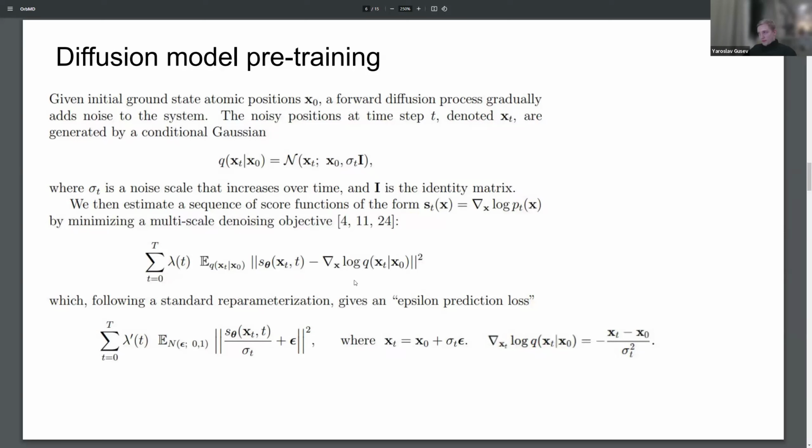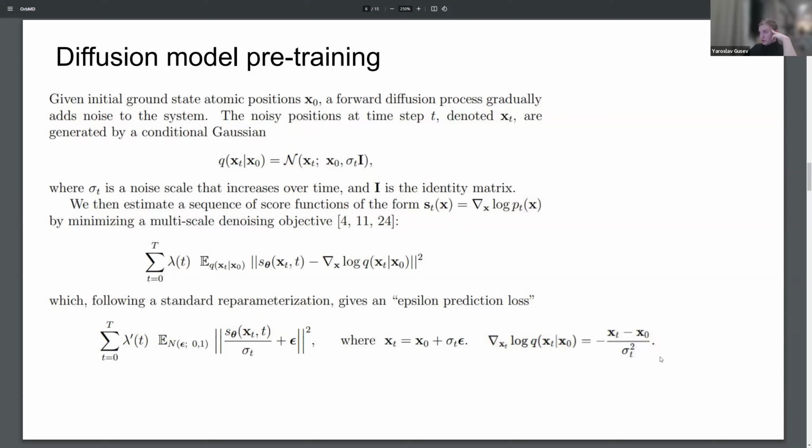So here, this is some strange gradient, some derivative of the logarithm of a distribution, but actually, if we have this Gaussian noise, then this log of the distribution is just a quadratic function.